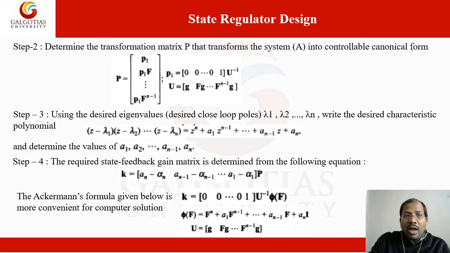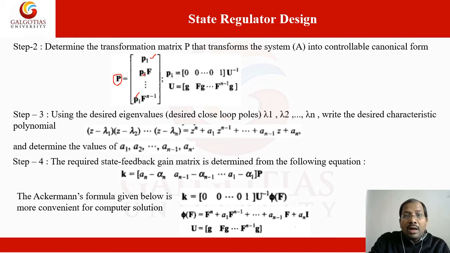Then after that we have to design the P matrix. Here there is a capital P and a small p1. The small p1 is equal to 0, 0, and so on, with zeros added based on the size of the F matrix, followed by a 1.